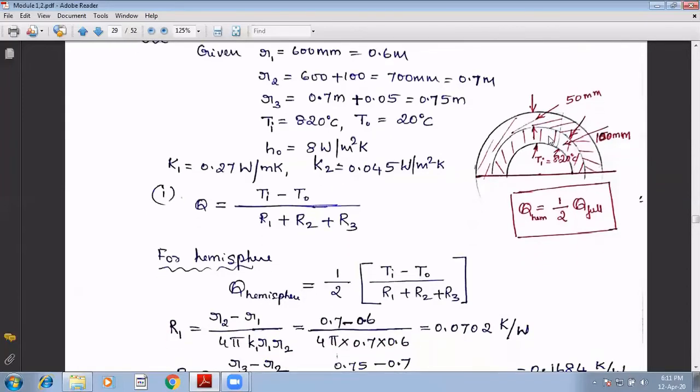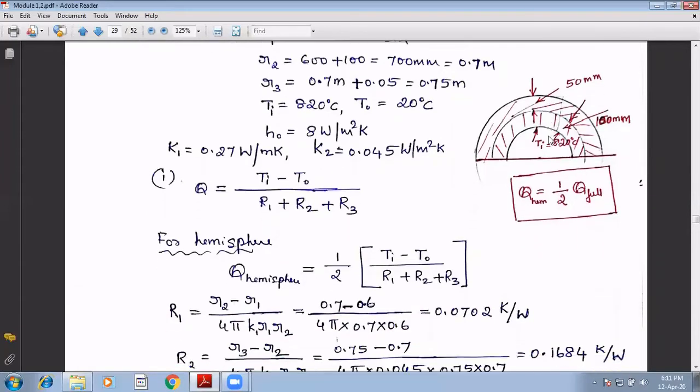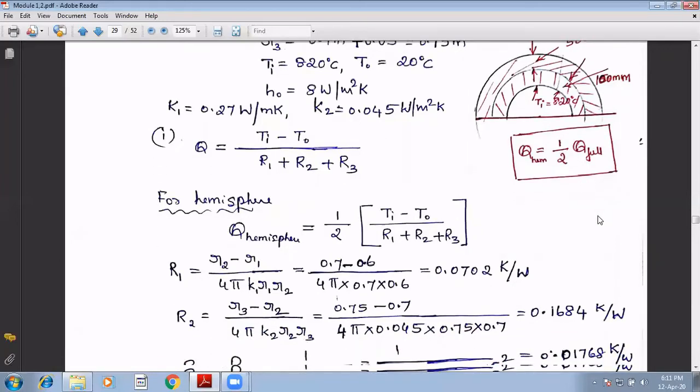Now, as it is a hemisphere, heat transfer out of hemisphere will be half of the full sphere. You know that. Now, you need to calculate the heat transfer. For that, total heat transfer out of hemisphere is half of total change in temperature divided by summation of resistances.